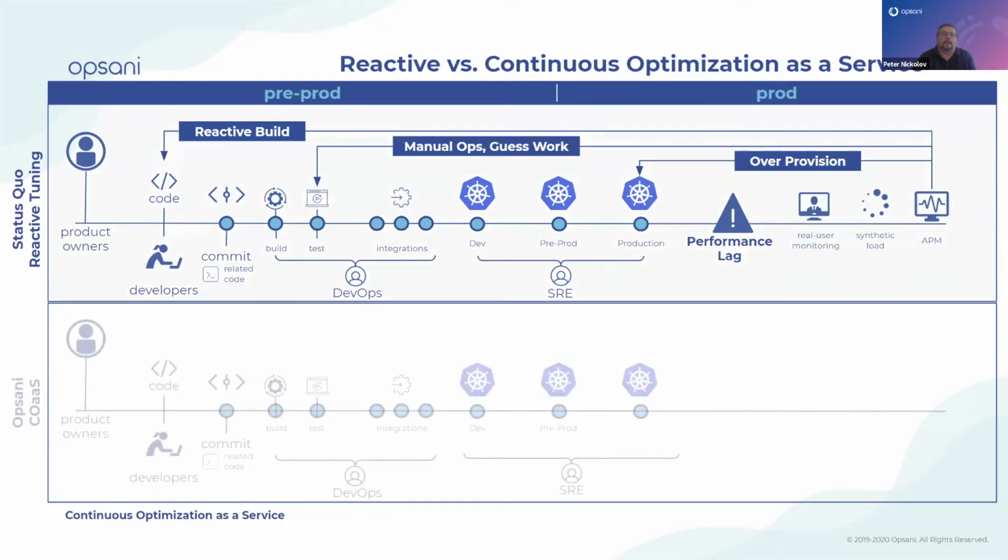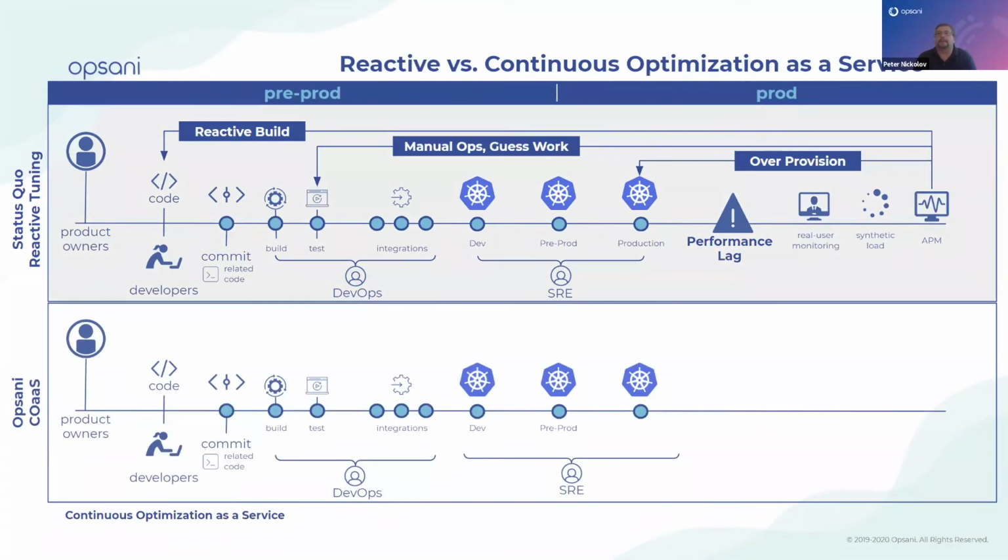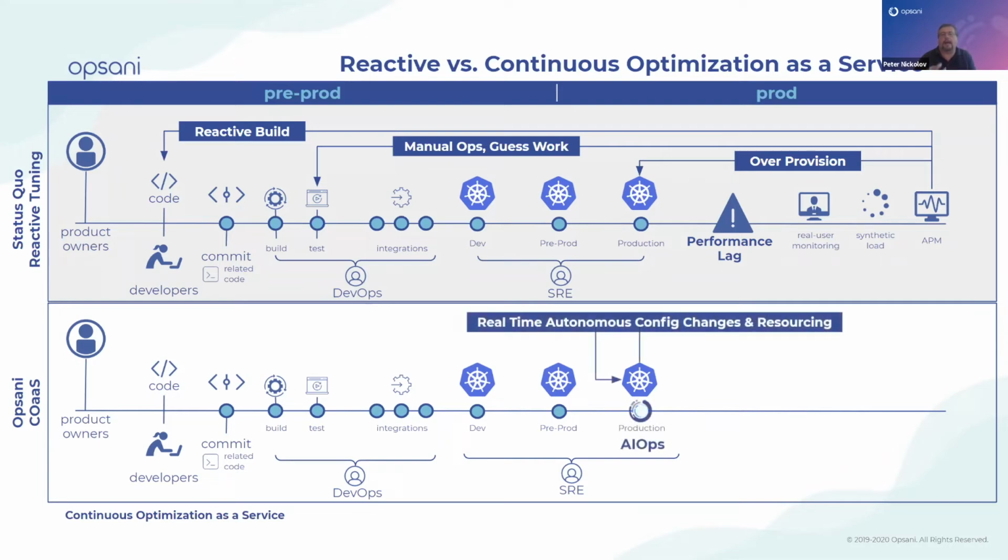Now, let's add continuous optimization as a service and see how it changes this process. So the setup is the same. You have exactly the same initial product development process, integration process, CI/CD pipeline. The main difference is now that you add continuous optimization as a service into your production system.